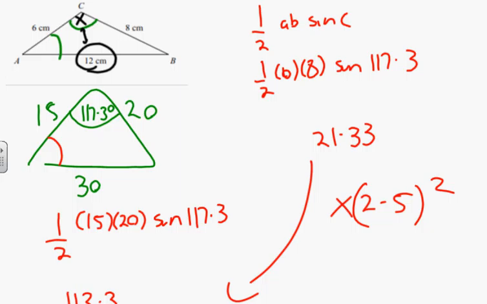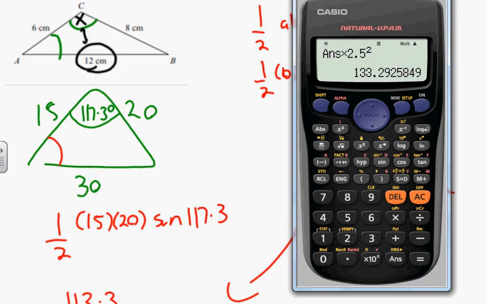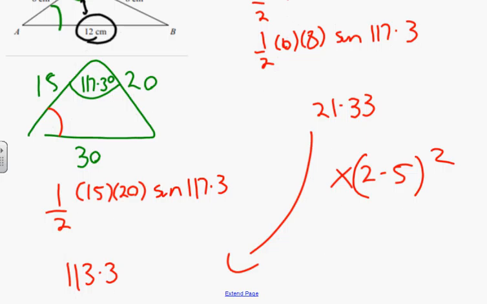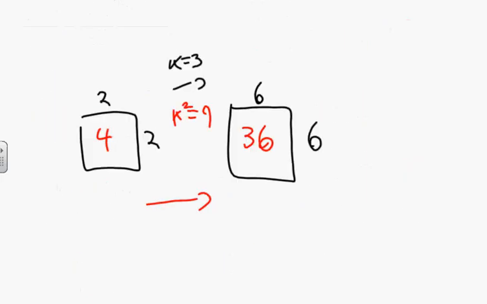A half times 15 times 20 is 150. The first one was wrong. Is that right? So it's 133.3. Good eye.